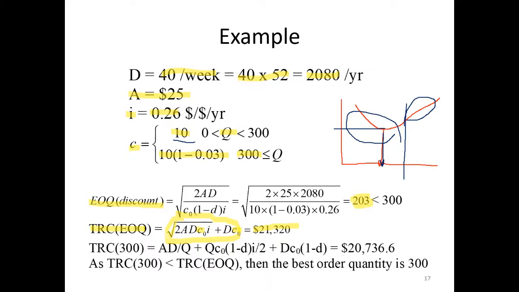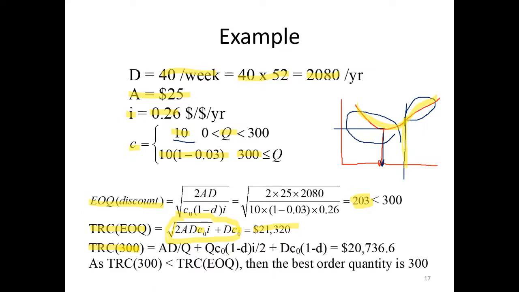Now, the other option is to order the 300. And why is it 300? Because if you look at the curve that we have just drawn here, the minimum value of the total relevant cost that you can get is at an order quantity of 300. If you order more than 300, the total relevant cost is going to be higher. That's why we do our calculation only for the value of 300.